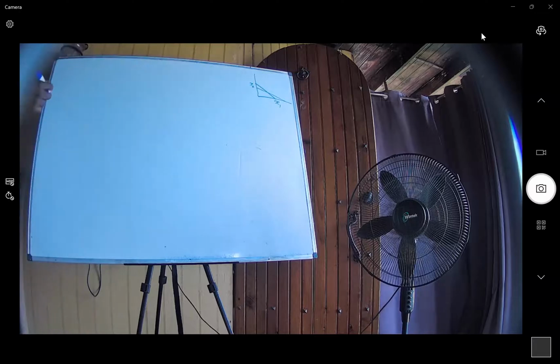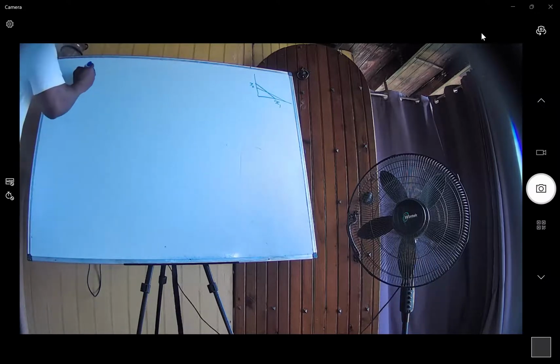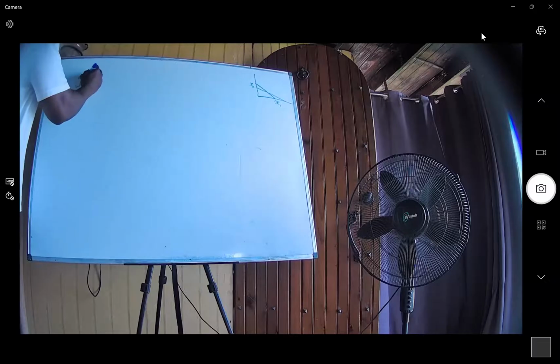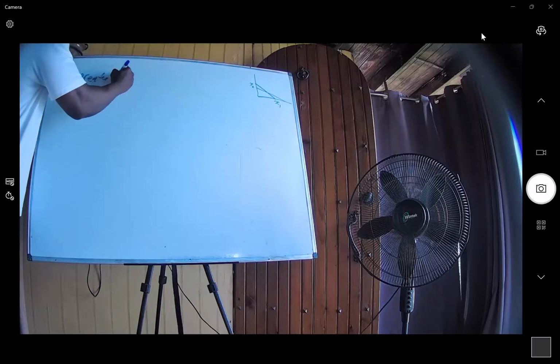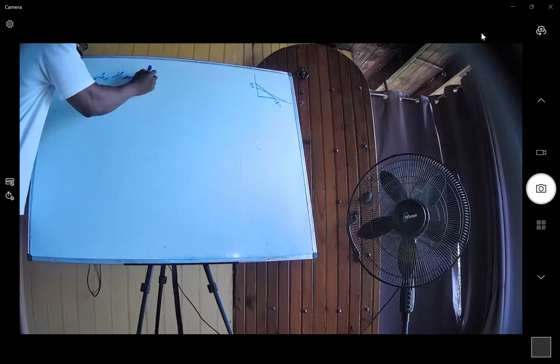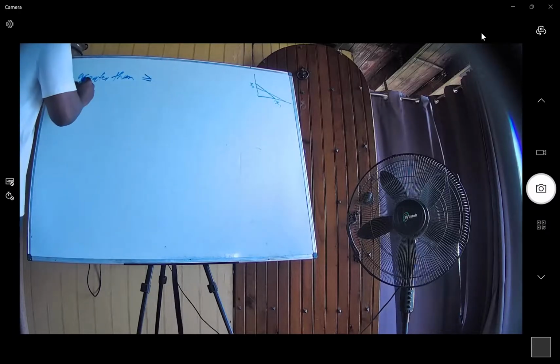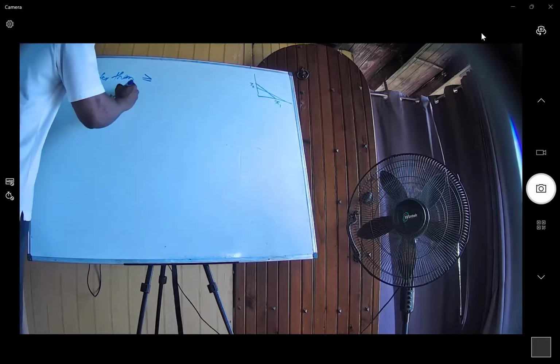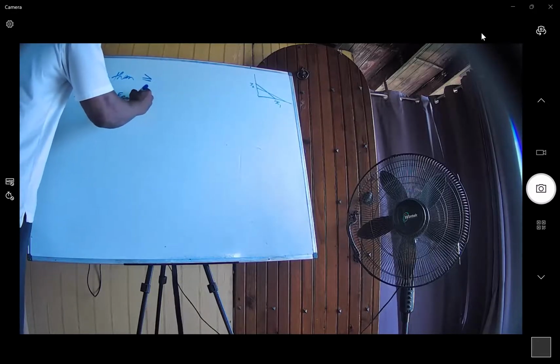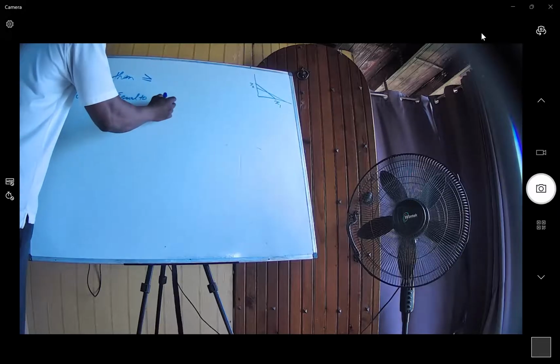A couple of things we went through in the last class. We said the symbol for greater than is this, greater than or equal to, right? And for less than or equal to, the symbol will be there.